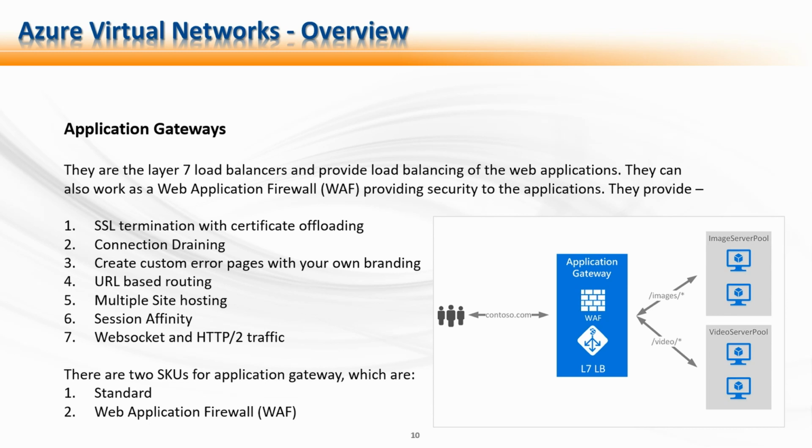We also get a cookie-based session affinity feature with Application Gateway. This is useful when you want to keep a user session on the same server. By using gateway managed cookies, the application gateway can direct subsequent traffic from a user session to the same server for processing. And mind you, this is not the case with the load balancers.